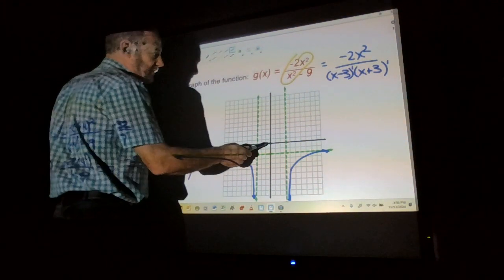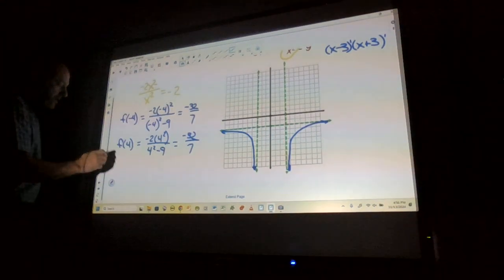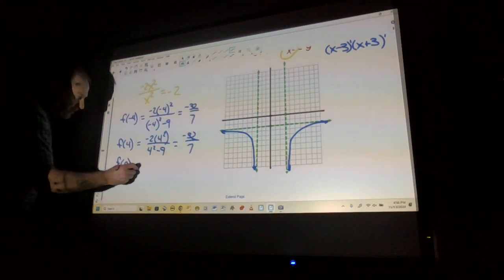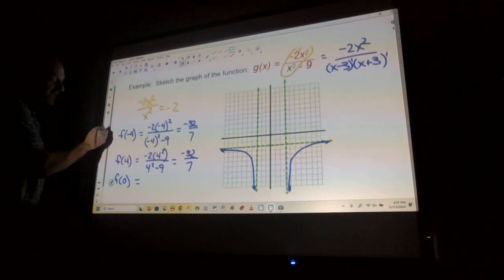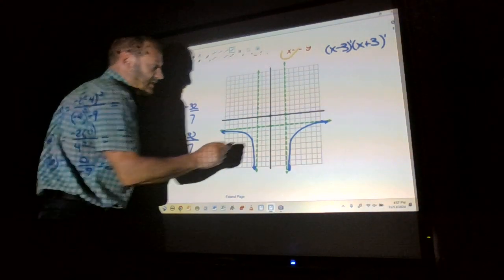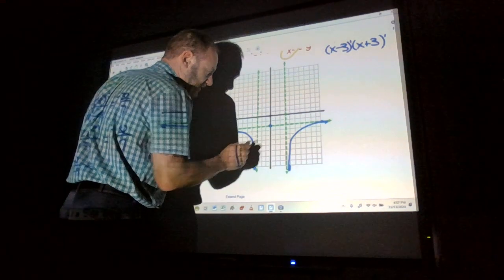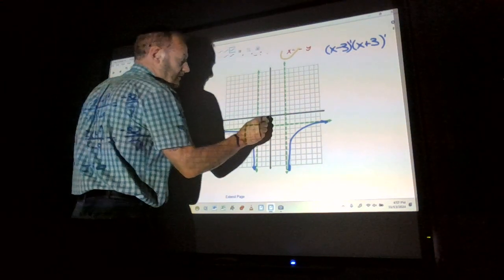Since 0 is in the middle, that's probably going to be the bottom of this thing. So I'm going to find f of 0, which is 0 on top and negative 9 on the bottom, which is 0. So this thing is going to hit the origin, right here.